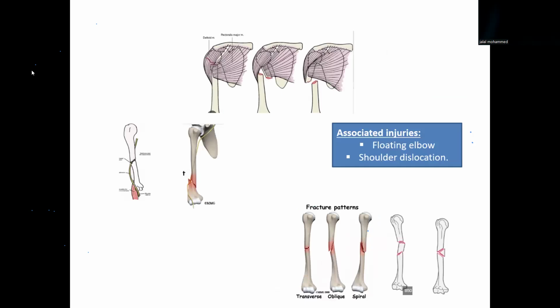And you need to know what muscles are attached to the shaft of the humerus. This one is the deltoid muscle. The deltoid muscle comes from the lateral aspect of the clavicle and acromioclavicular level and inserts into the deltoid tuberosity.